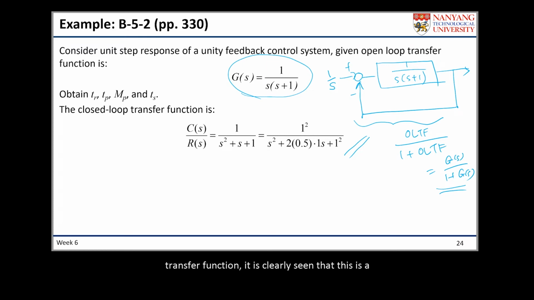If we look at this transfer function, it is clearly seen that this is a second order system, right? Why? Because if you look at the denominator, the highest order is 2. Let's refer to the generic form of a second order system, which is s squared plus 2 zeta omega n s plus omega n squared, correct?